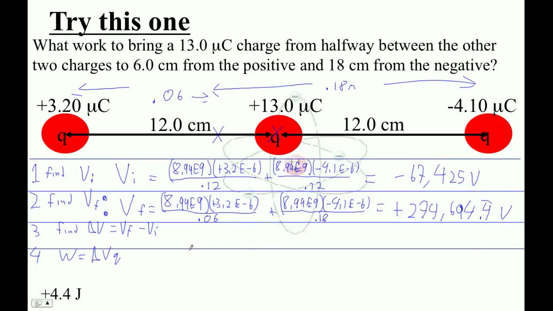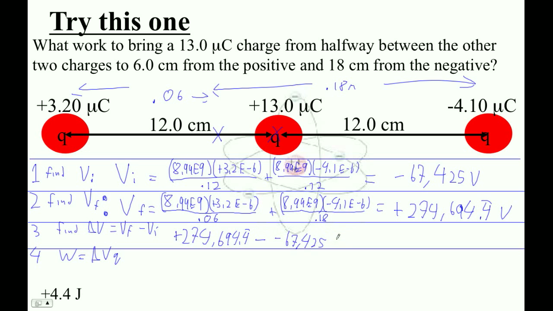Okay, so our final minus our initial, right? Our final minus our initial looks like positive 274,694.4 minus a negative 67,425. This is where it gets all confusing, right?